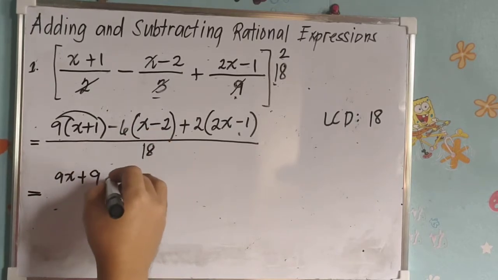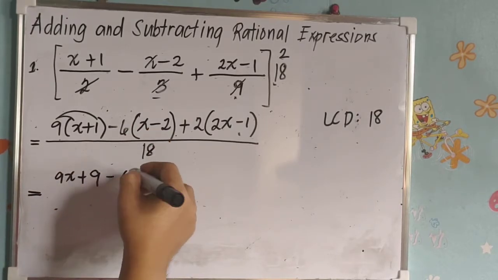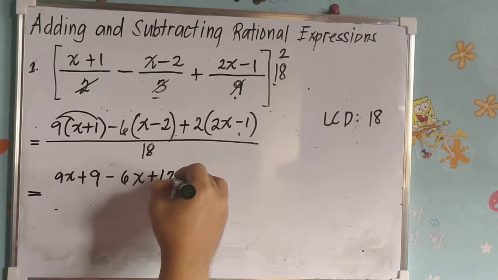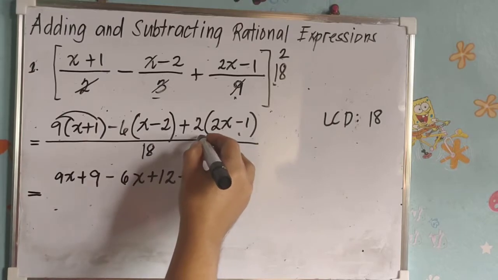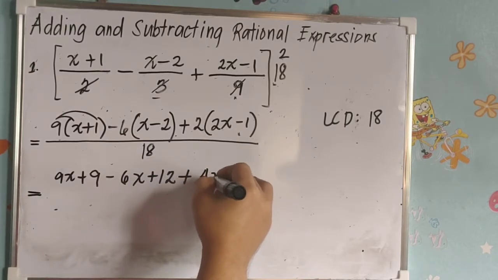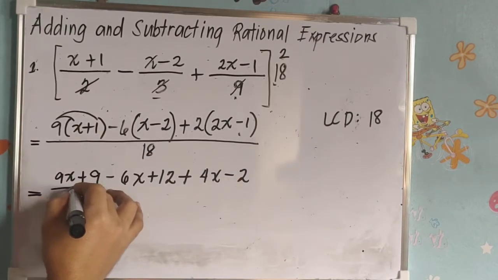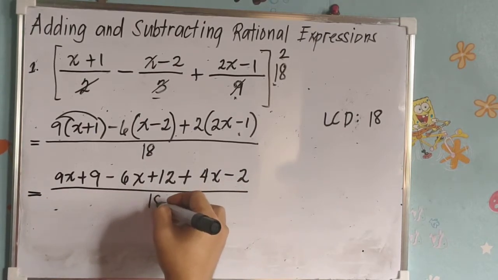Negative 6 times x is negative 6x. Negative 6 times negative 2 is positive 12. Plus 2 times 2x is 4x, and 2 times negative 1 is negative 2. All over 18.